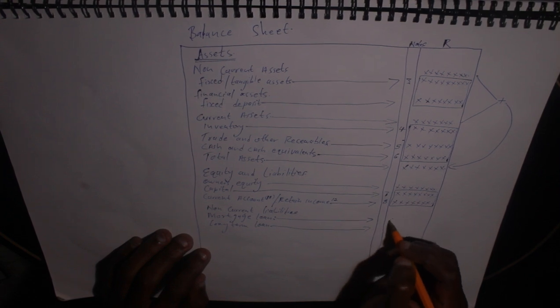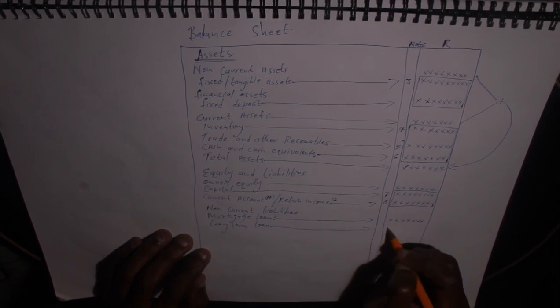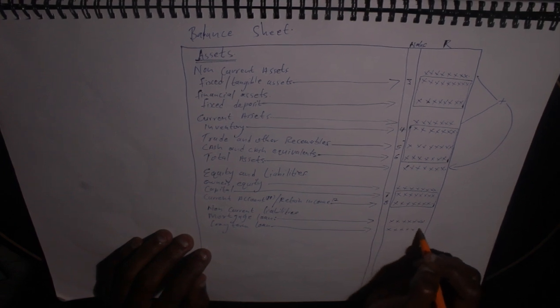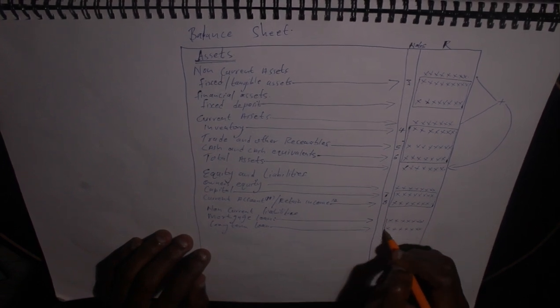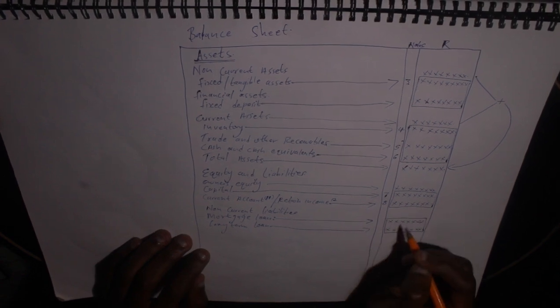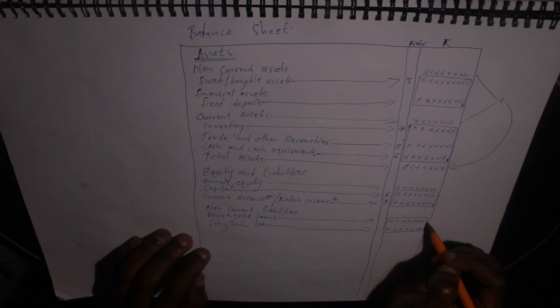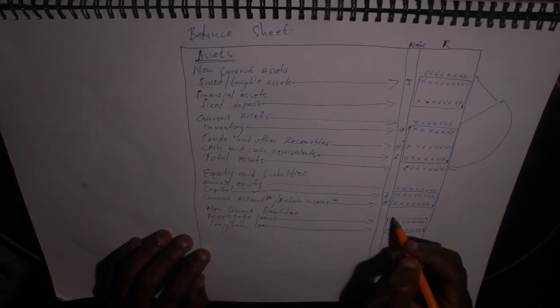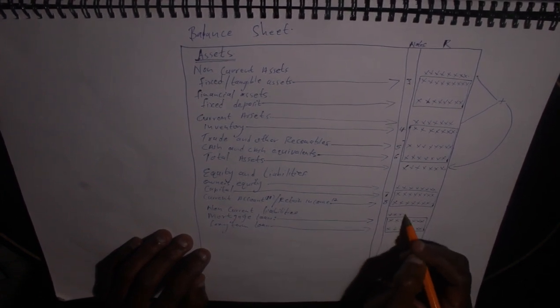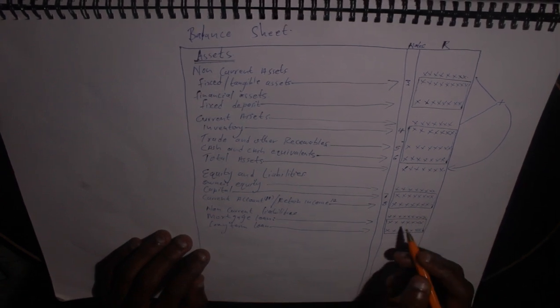So the amount for mortgage bond, you show it here. And the amount for long-term loan, you show it here. Then you are going to add your non-current liabilities. At this point, I only have 2 examples. You add them together, then you're going to have your non-current liabilities total. I hope we are still on the same page.